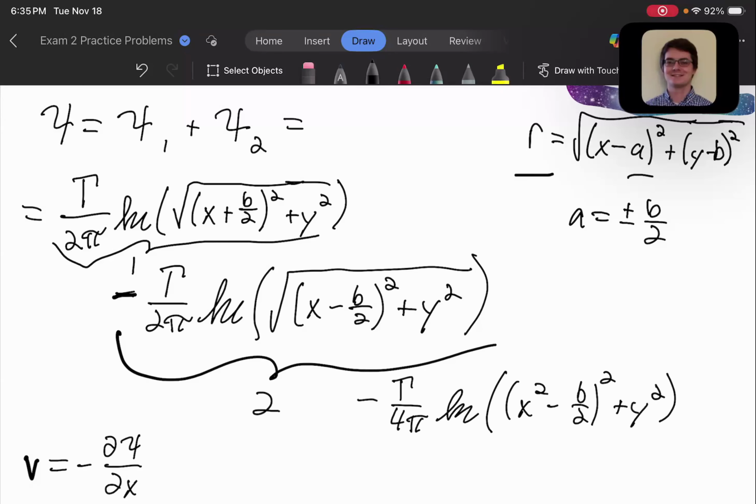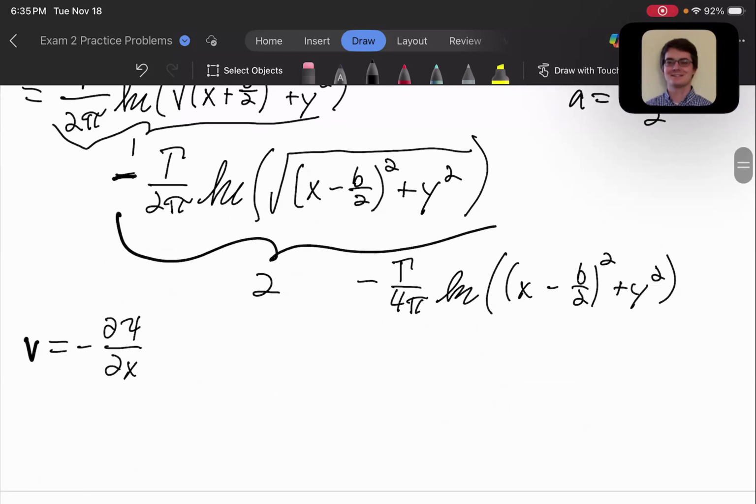Oh, I don't know why I keep doing that. You could convert this back to polar and then take derivatives, but it's a preference thing. You will end up with the same answer. It's just what seems mathematically the most straightforward. When you take the square root out, it makes it pretty straightforward to work with.